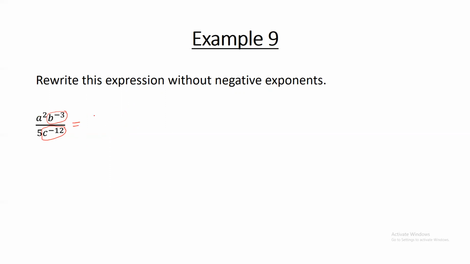So a squared stays right up top because nothing is raised to a negative power here. 5 stays on the bottom. The b to the negative third moves to the bottom, becomes b to the third. C to the negative 12 moves to the top, becomes c to the positive 12. And that's it. Nothing more to simplify here.